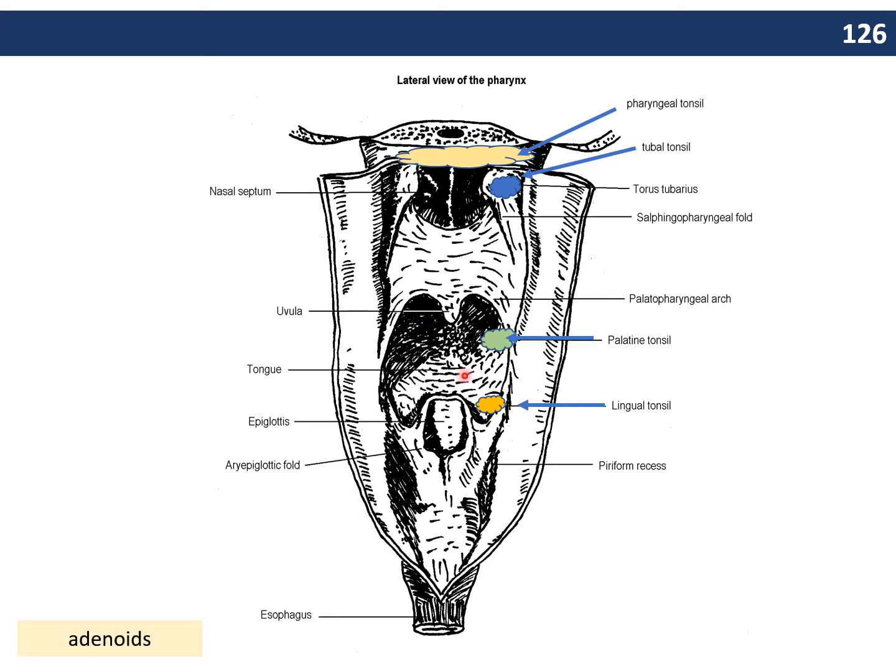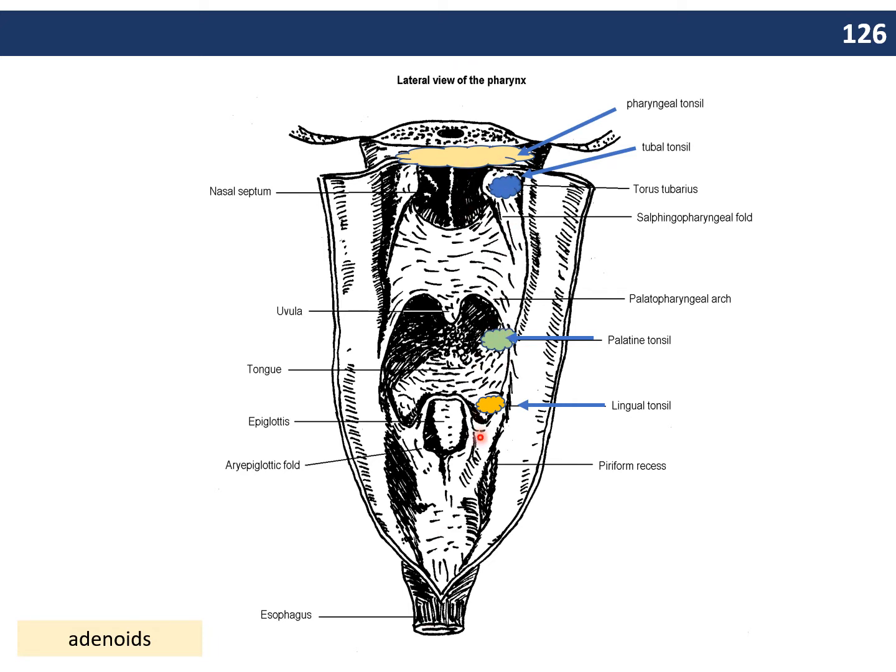So boluses of food that would be pushed posteriorly by the tongue would move around the epiglottis. The epiglottis helps to protect the airway. Those boluses of food would tumble down the piriform recesses to gain access to the esophagus. And so those would be together.